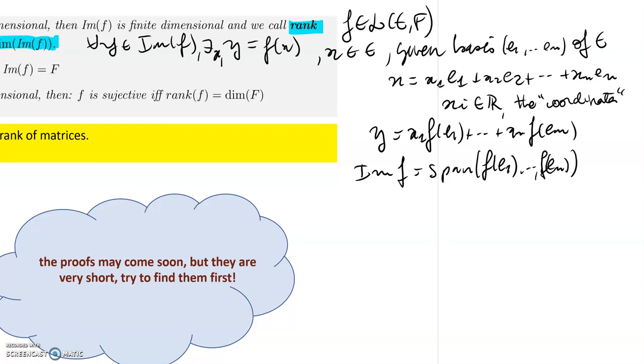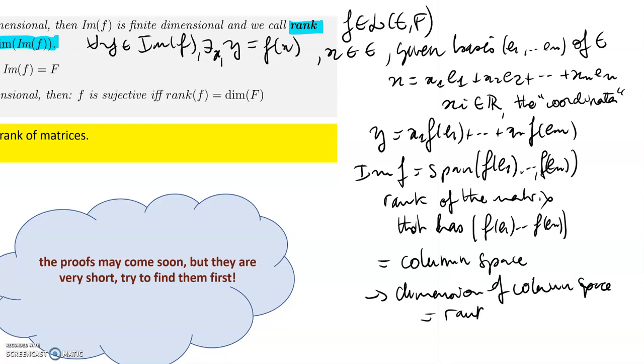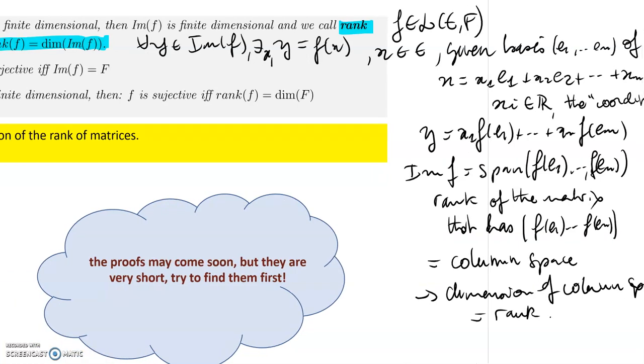So if you can find the rank of this family of vectors, which is just going to be the rank of the matrix that has f of e1, f of en as columns, it's really the column space. The dimension of the column space is equal to the rank. It's really the usual definition that you worked with.